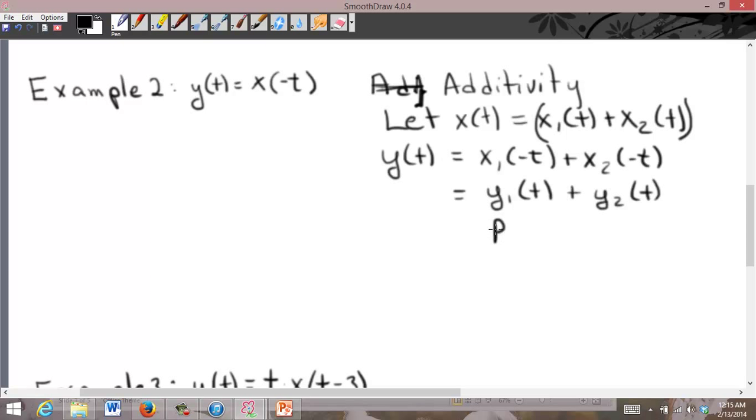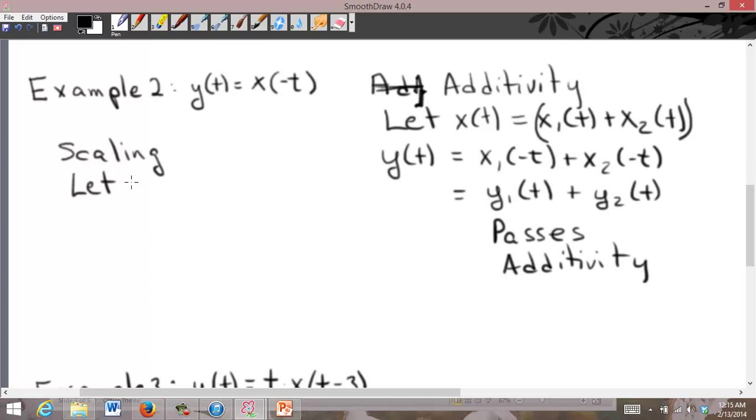So it passes the additivity test. Now let's look at scaling. So remember, to be linear, it has to pass both of them. If it fails either one, then it's not linear. So scaling, I'm going to let x of t equal a times x1 of t. Now when I put that into the system, the only place the t is, is inside here.